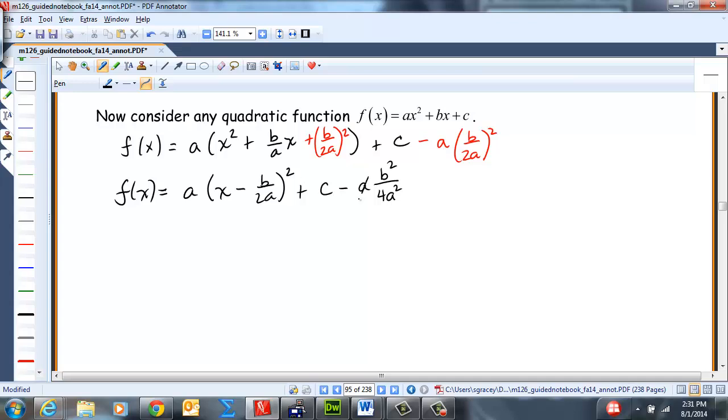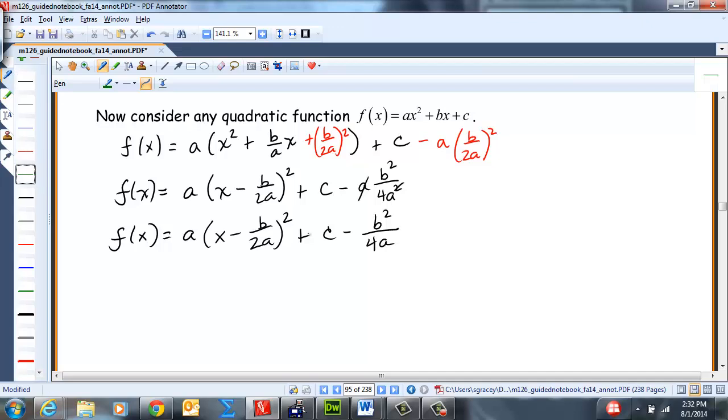Well, this a divides out one of those factors in the denominator, so we end up with f of x is equal to a times the quantity x minus b over 2a, squared, plus c minus b squared divided by 4a.